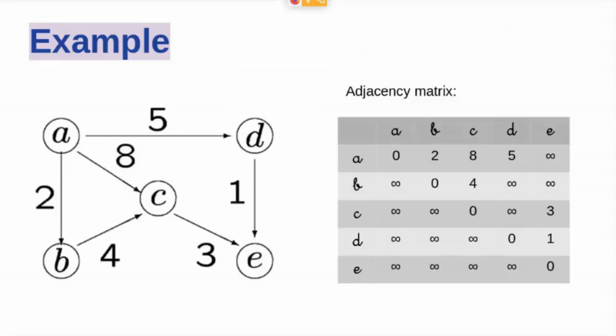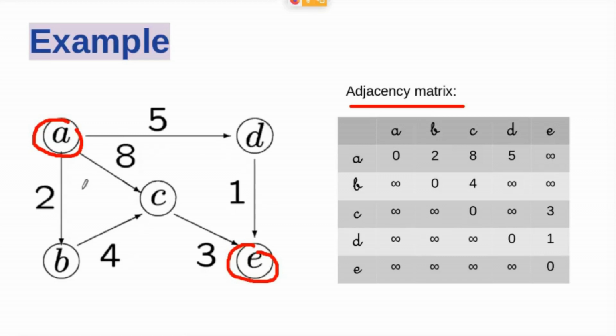But just before, let's remember how to calculate this adjacency matrix here. As you can see, let's say that we want to go from A to E. As you can see here, we have several connections. This is a single directed graph, so it's a unidirectional graph.